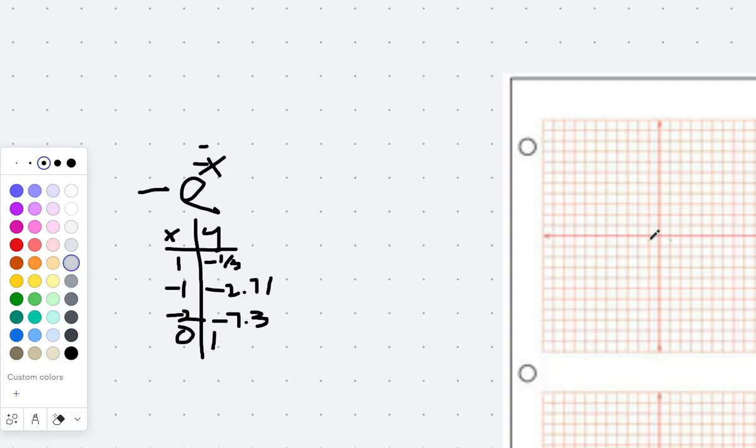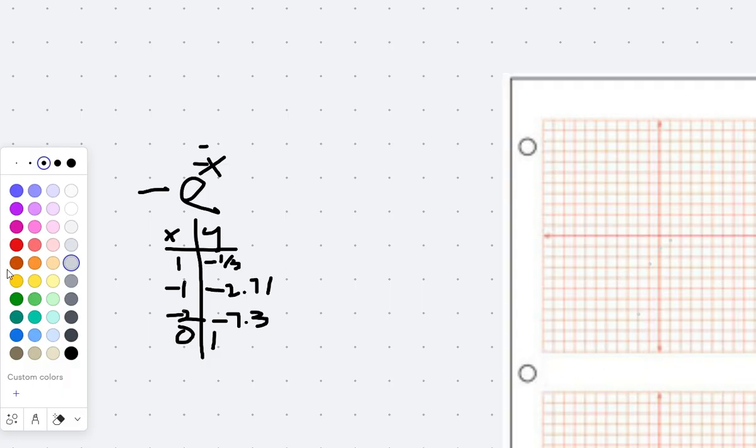Zero is at 1. -2 is at 7.3: 1, 2, 3, 4, 5, 6, 7, about there.